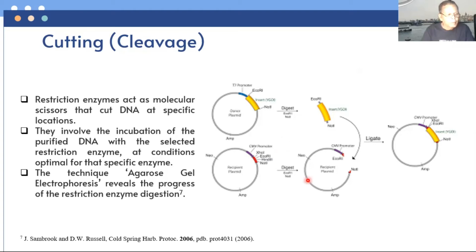This allows separating and cutting out the digested DNA fragment. The vector DNA is also processed using the same procedure.